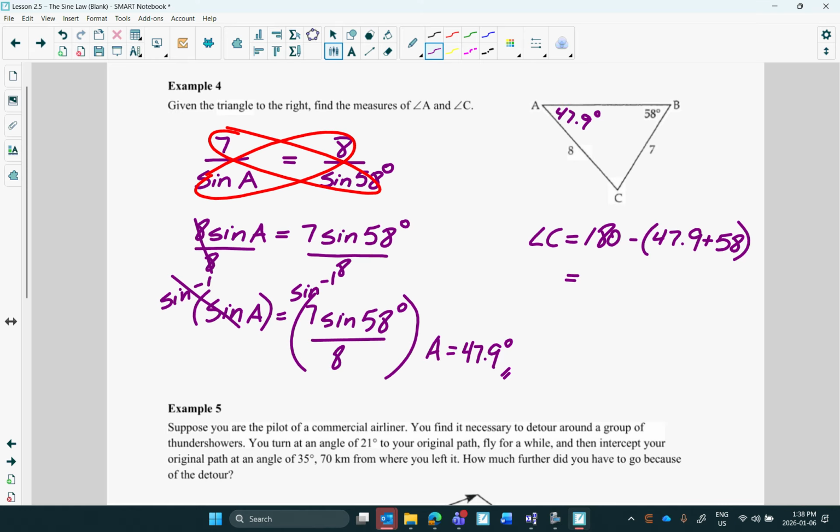And when I do that, oh, I don't have the answer. Didn't finish that question in my notes. What do we got? 74.1, isn't it? 74.